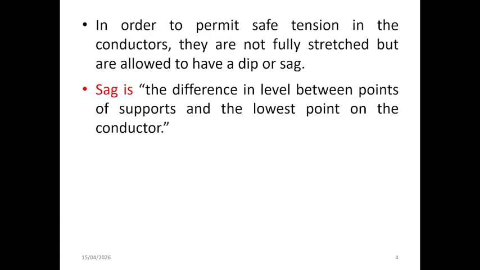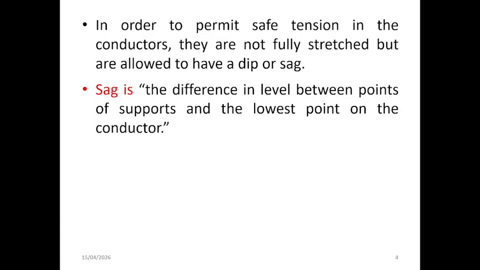This design choice is very essential to prevent excessive mechanical stress in the conductor. So let's first start by defining what sag is. Sag is defined as the vertical difference between the level of the supporting points, such as towers, and the lowest point of the conductor.